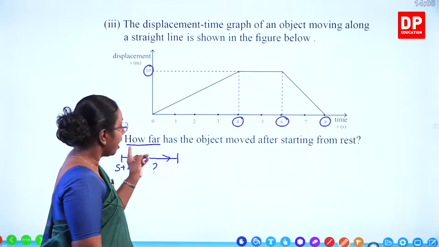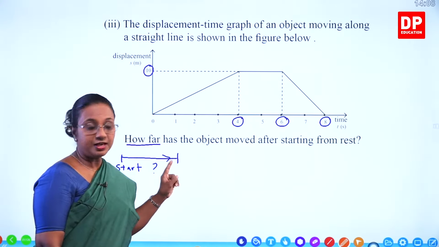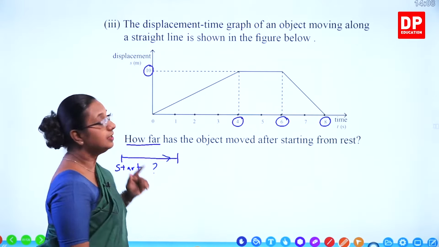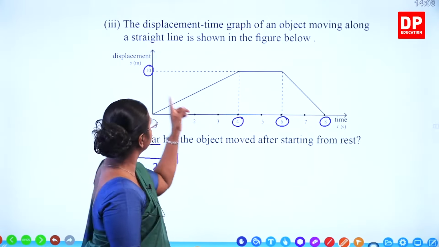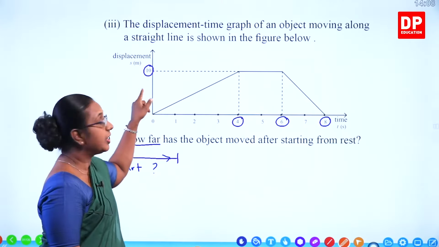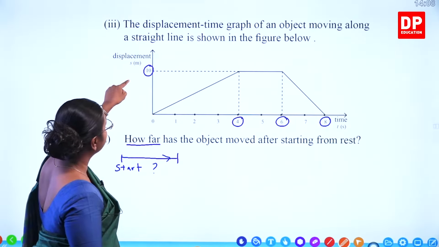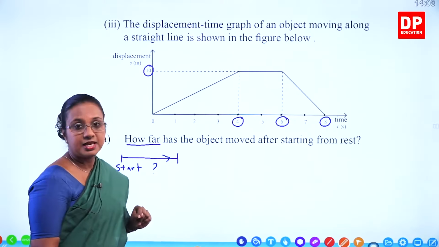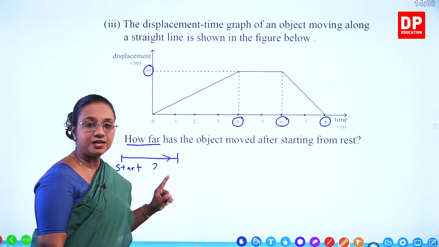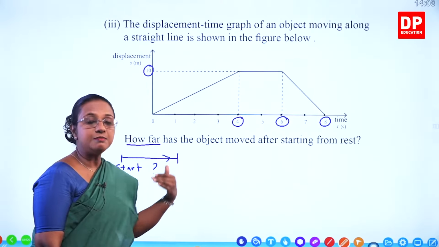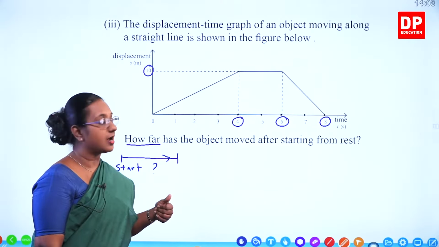To find how far the object has travelled, we have to find the displacement of the object in the first 4 seconds from the graph. So, that you have already identified, displacement is 10 meters. So, the object has travelled a distance of 10 meters from the starting point.